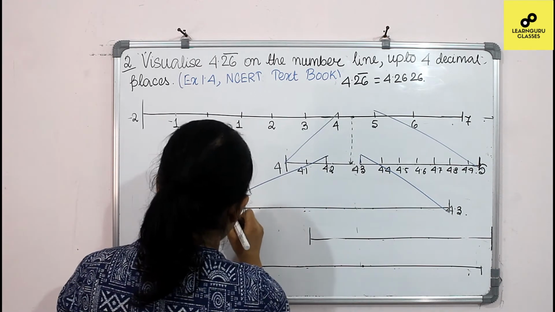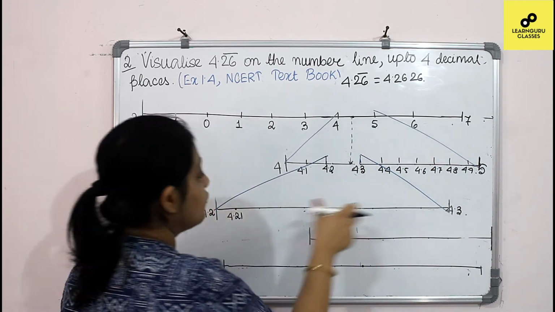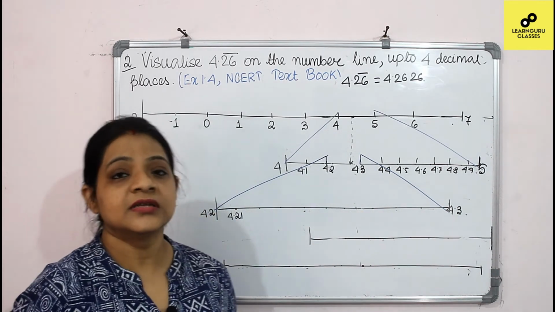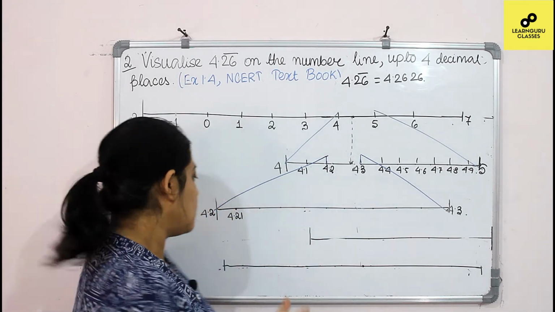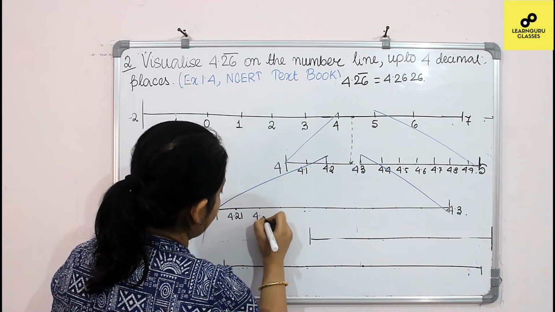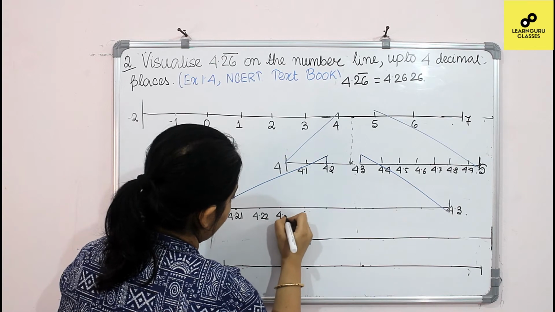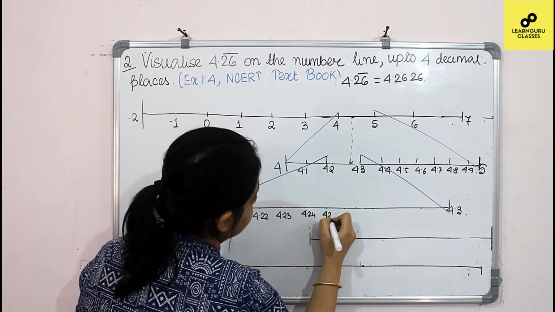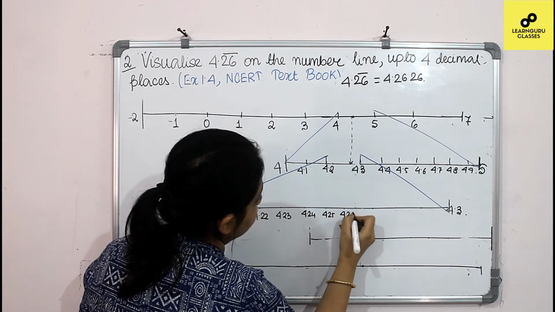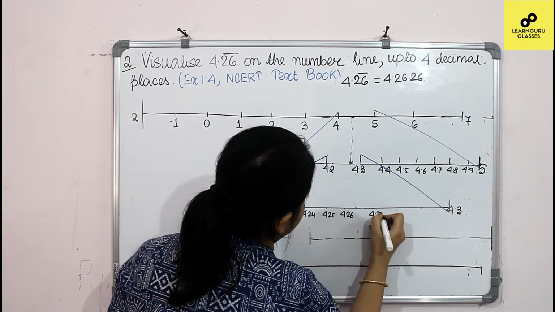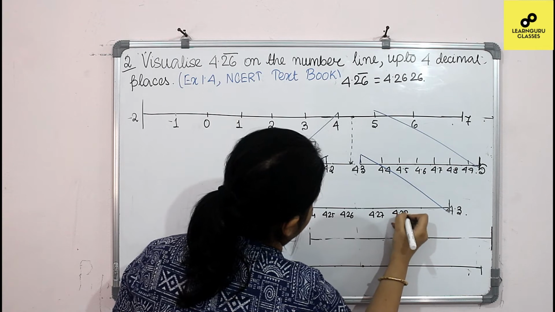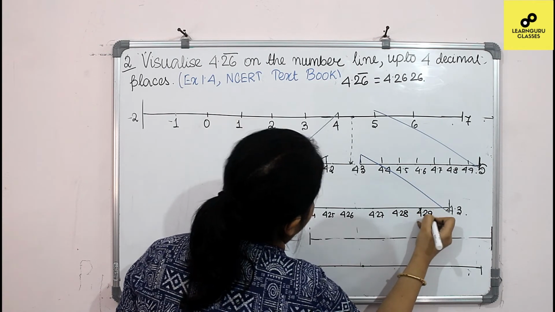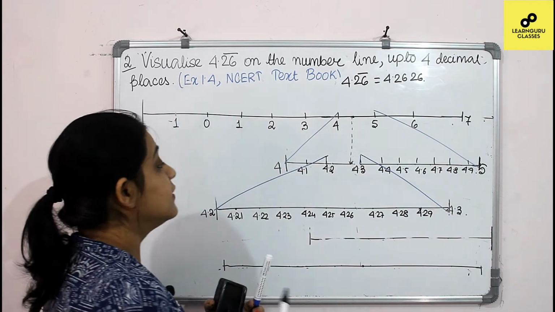Again we will divide it into 10 equal parts: 4.21, 4.22, 4.23, 4.24, 4.25, 4.26, 4.27, 4.28, 4.29 and ultimately 4.3.